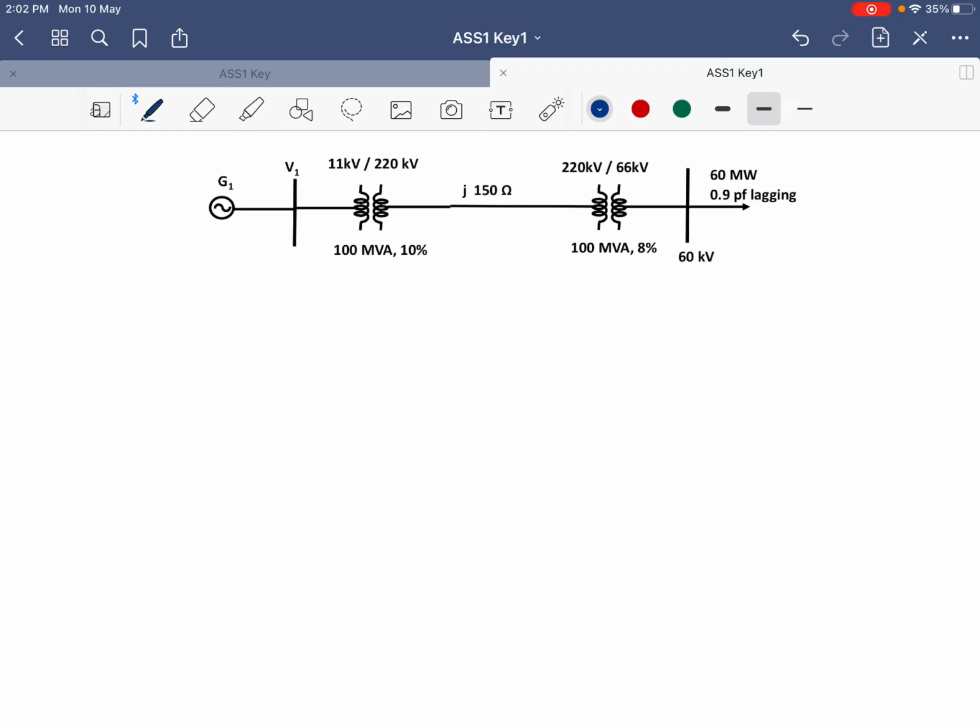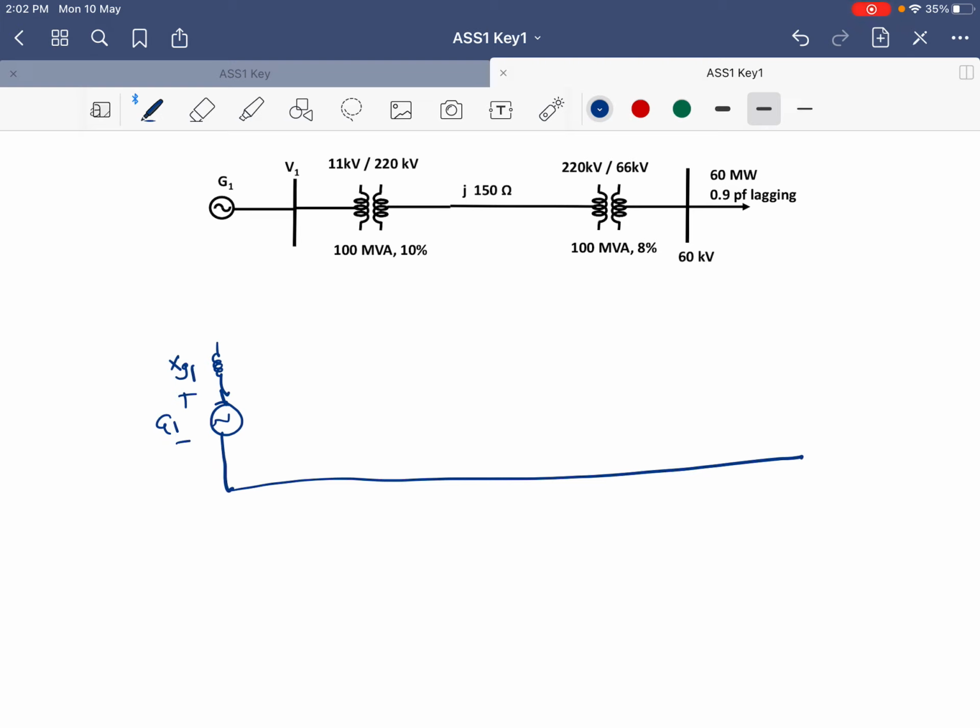I will start with the baseline. Starting with the generator, the generator is represented as a source of voltage. Starting from the ground, it is Z1 and is represented by its reactance Xg1.